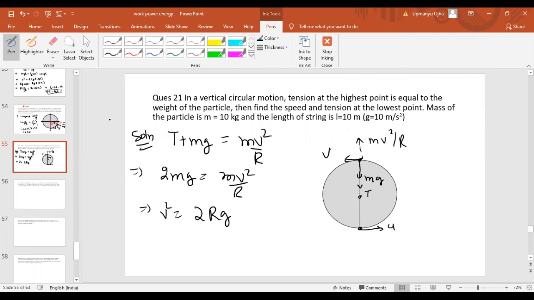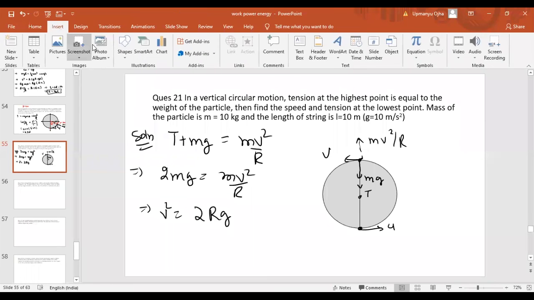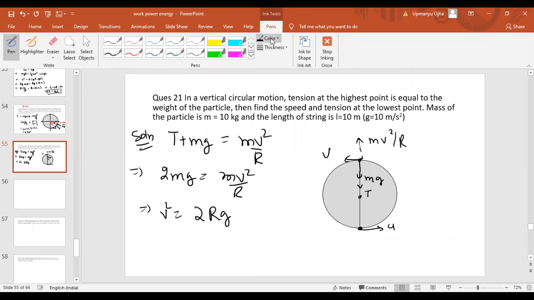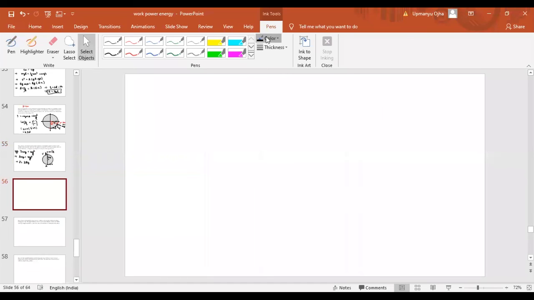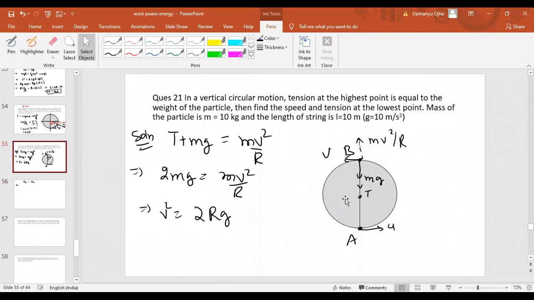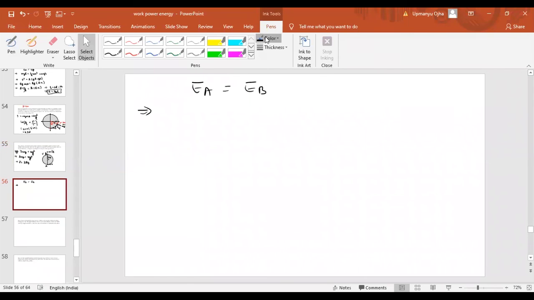Now we conserve the energy between the lowest point and the highest point. Let us suppose the lowest point is A and the highest point is B. Energy at A will be equal to energy at B. If you take A as the reference point, potential energy will be 0 there, so energy at A is half mu square.